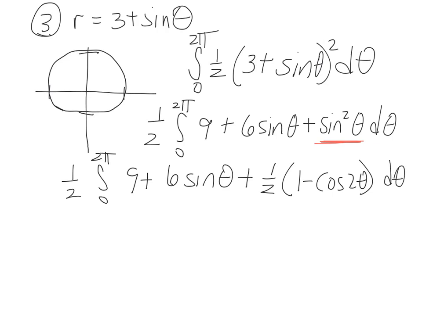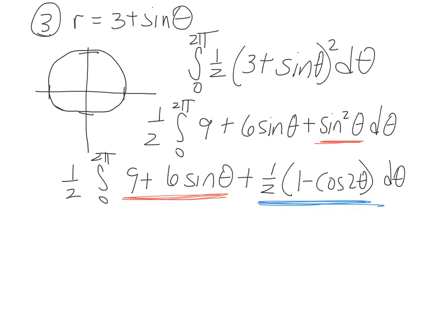Now, I want to split this into 2 separate integrals so that I can pull the 1/2 out in front of that second piece. So I'm going to handle this part as one integral and this part as a separate integral.